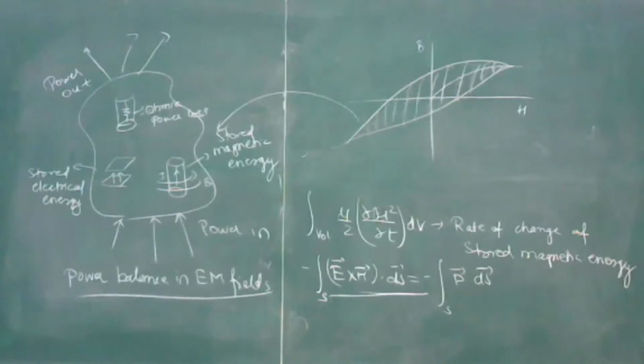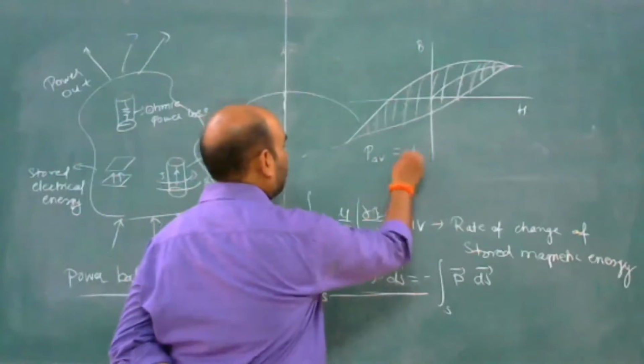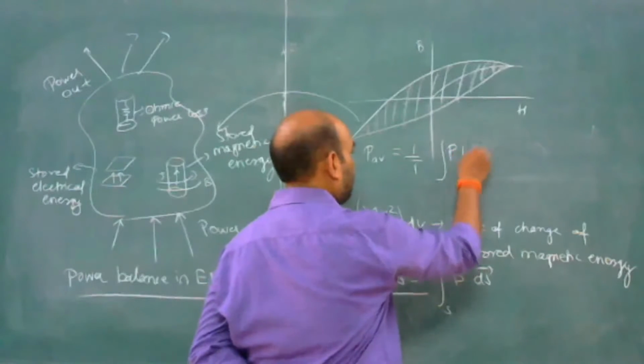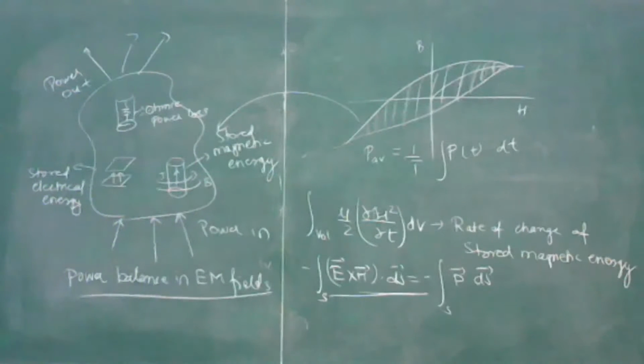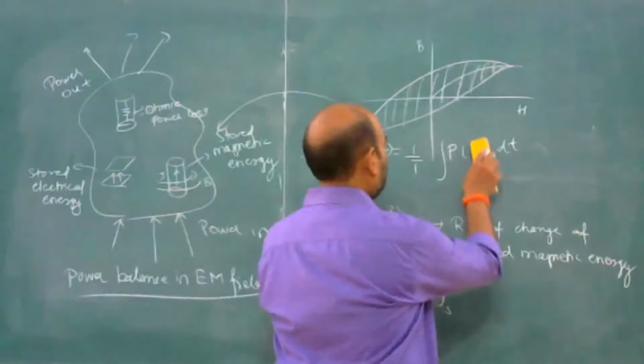So we can find the average power. P average is equal to 1 upon T times the integral of P, a function of time, over the time period T. So this will be P average. This is a function of z.